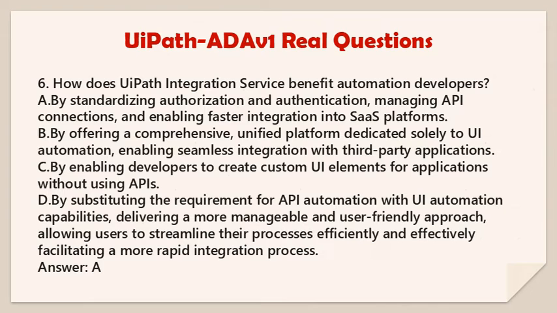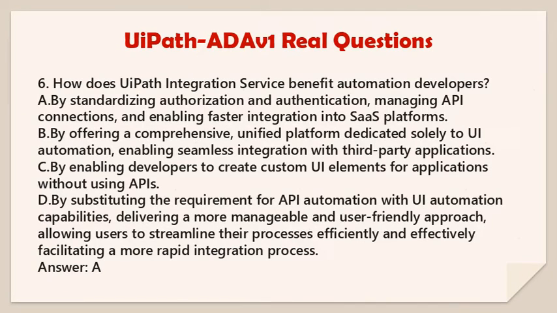6. How does UiPath Integration Service benefit automation developers? A. By standardizing authorization and authentication, managing API connections, and enabling faster integration into SaaS platforms. B. By offering a comprehensive, unified platform dedicated solely to UI automation, enabling seamless integration with third-party applications.